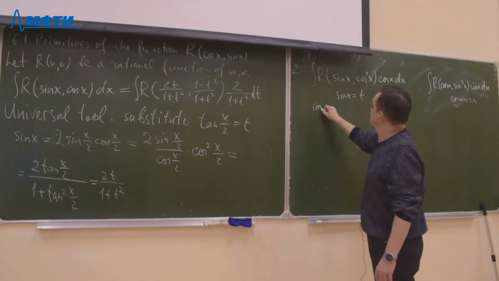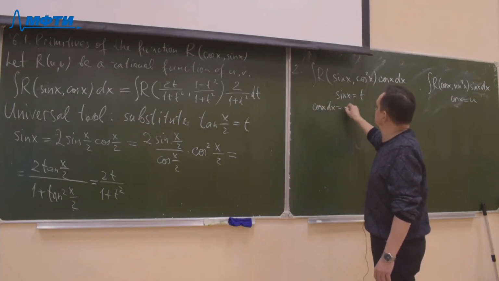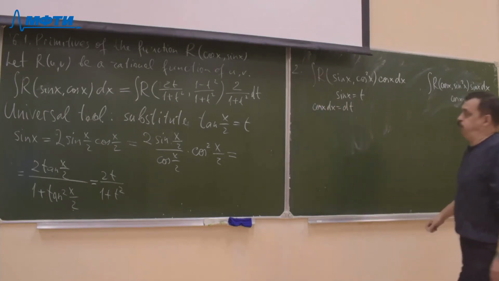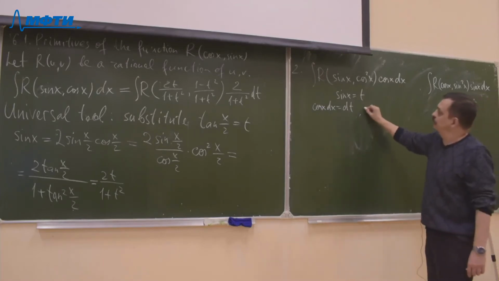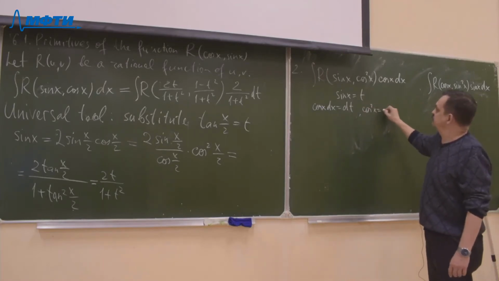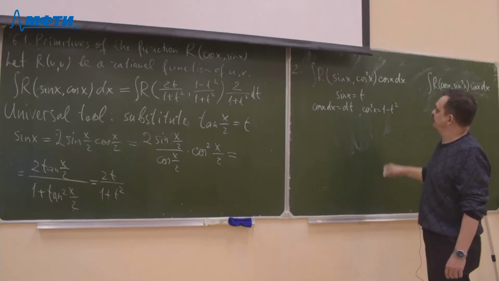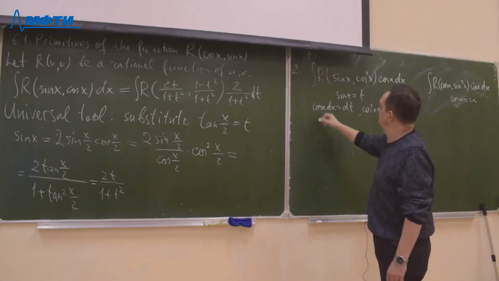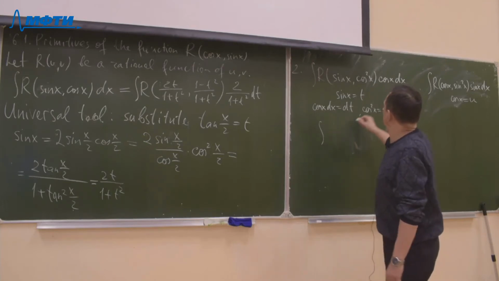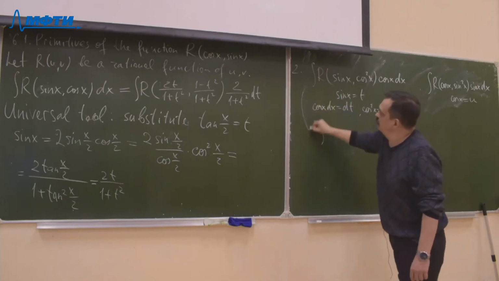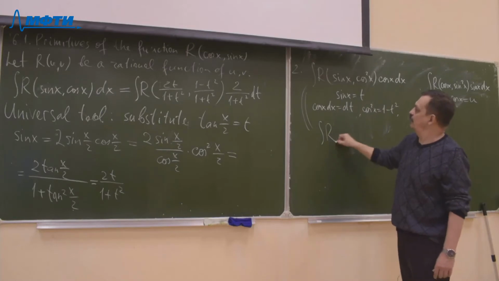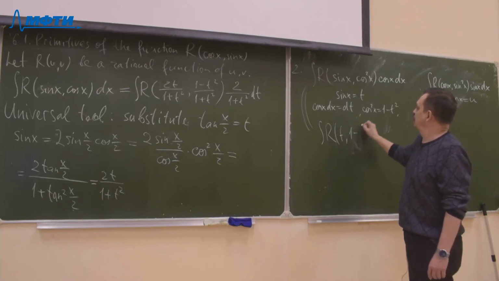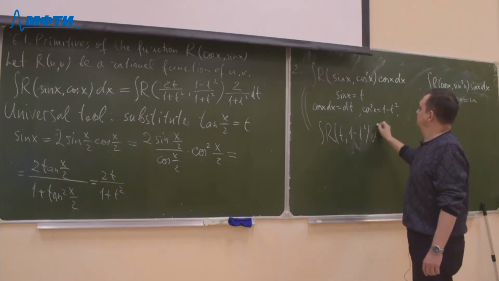Cosine x dx equals dt. Cosine squared x equals 1 minus t squared. Sine x equals t. So the integral will be equal to the integral of r of t, 1 minus t squared, dt.